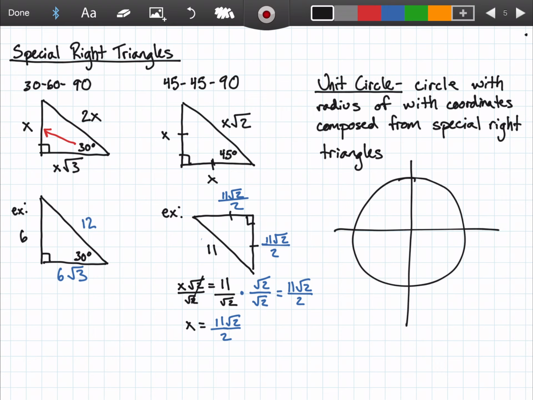Here's going to be my unit circle. I could have, let's say, we're going to call that 45 degrees. Because the radius is 1, the radius is going to be the hypotenuse of every special right triangle.